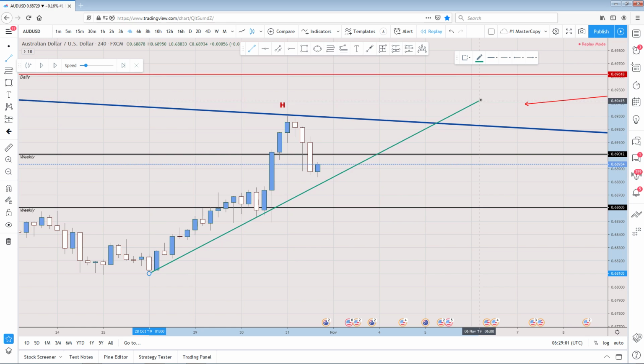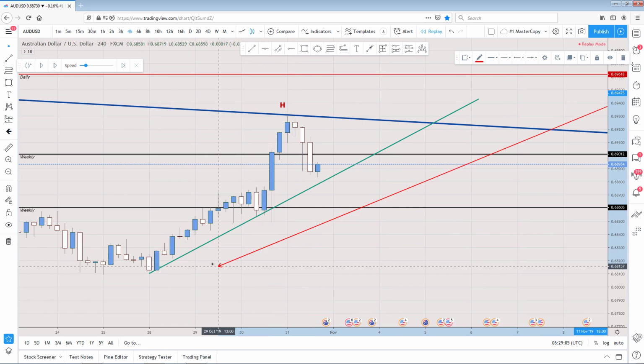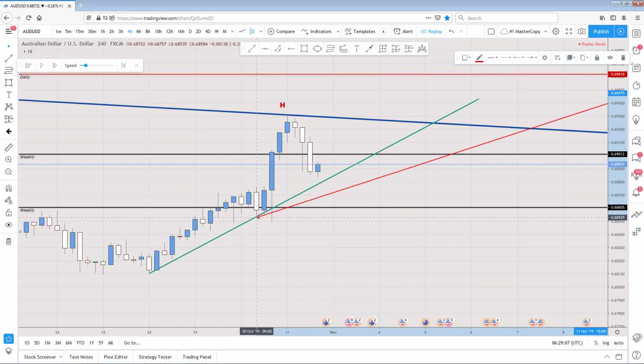And then my eyes are looking right here. So my eyes are looking at this wick right here, and I'm trying to find the average between these two candles. So I'm thinking this wick and maybe the edge of this candle, which is where the body of this candle starts.